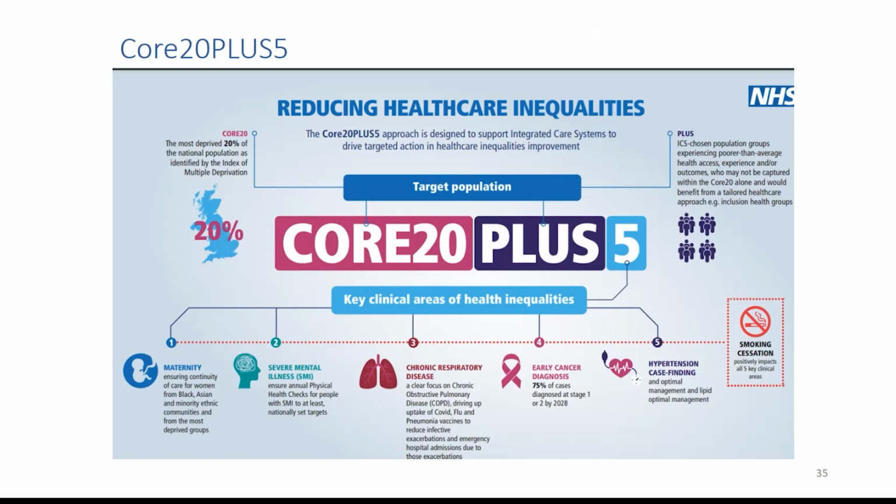The 20 refers to the 20% most deprived national population. And then we also have the different areas: maternal care, severe mental illness, chronic respiratory disease, early diagnosis, and hypertension case finding. And then we have the plus, because every area is different.